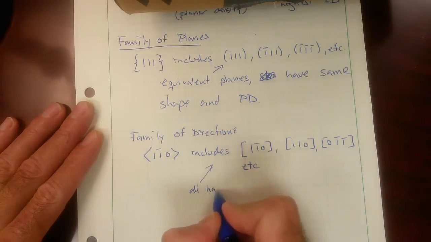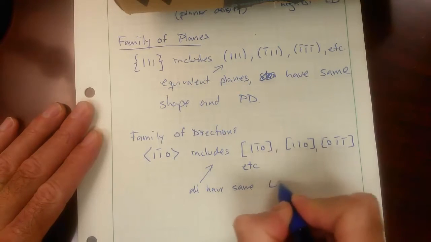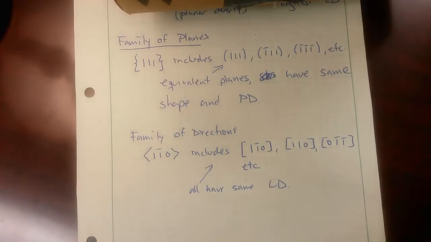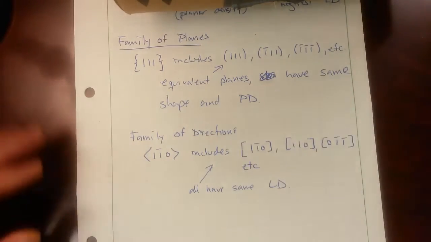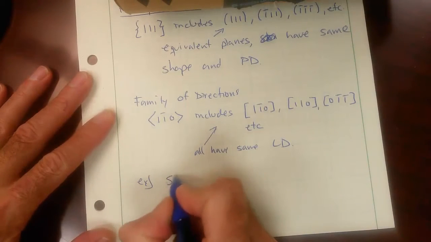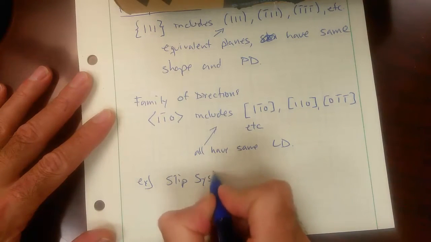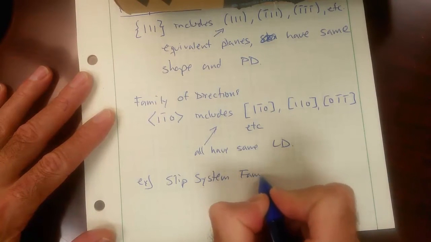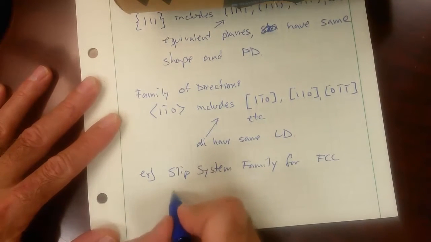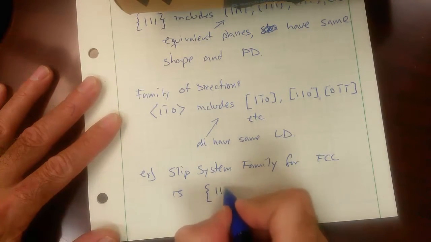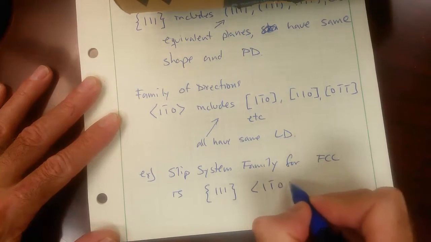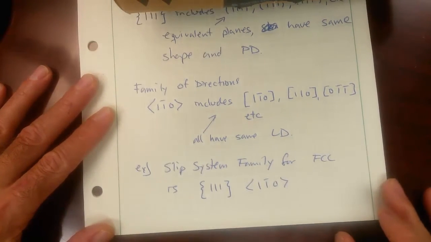These all have the same linear density. So, for example, a slip system family for FCC is the combination of planes that are 1, 1, 1 planes and directions which are 1, negative 1, 0 directions.